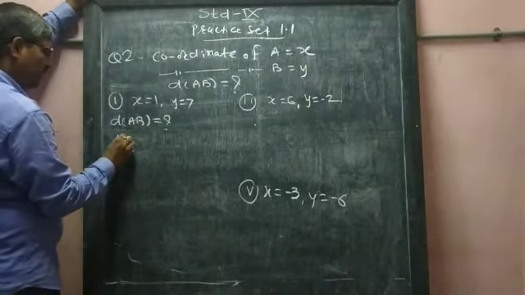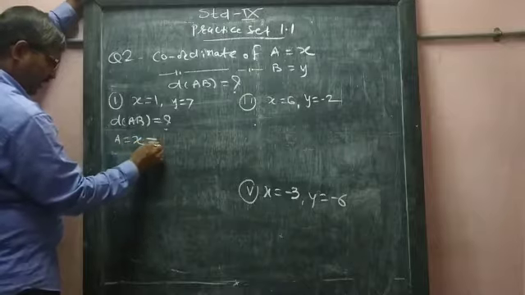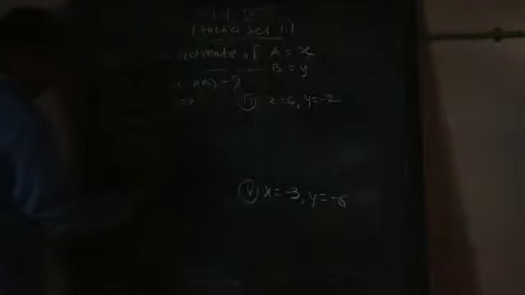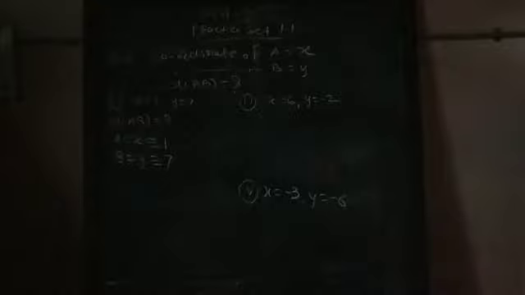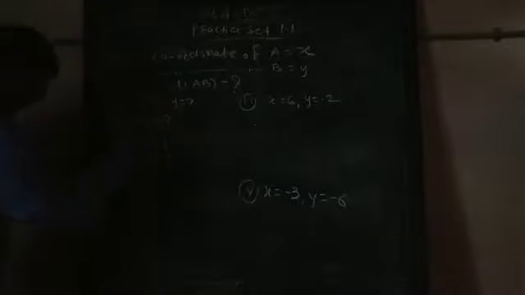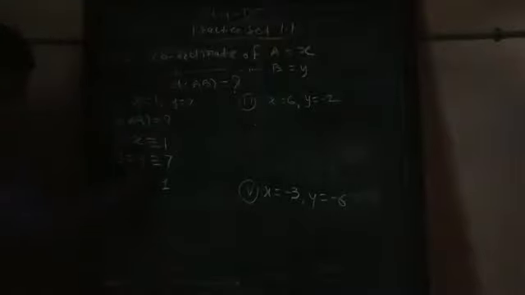Coordinate of A is x equal to 1. Coordinate of B is y equal to 7. Now, which is greater, that you should decide. 7 and 1. Here 7 is greater.